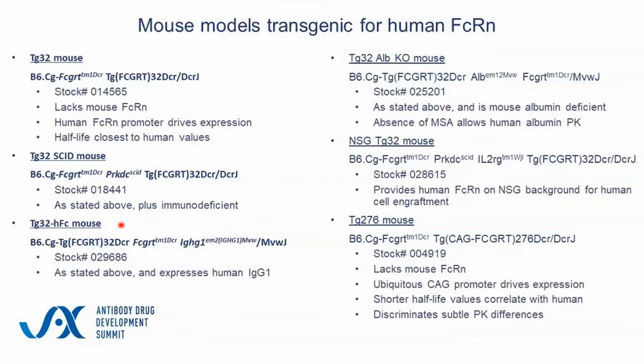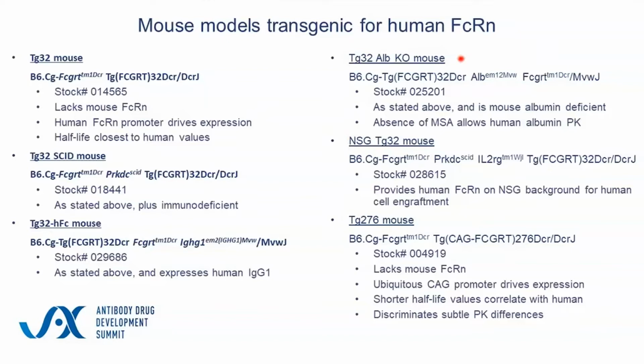And compared to the TG32 mouse, which only has mouse IgG antibodies that have no affinity for human FcRn, so there's no competition within that biological system, compared to the TG32 HFC mouse. And that competition can be of interest to know how well your therapeutic will perform in, again, a more humanized system where competition exists. And I'll share some data in a few slides.